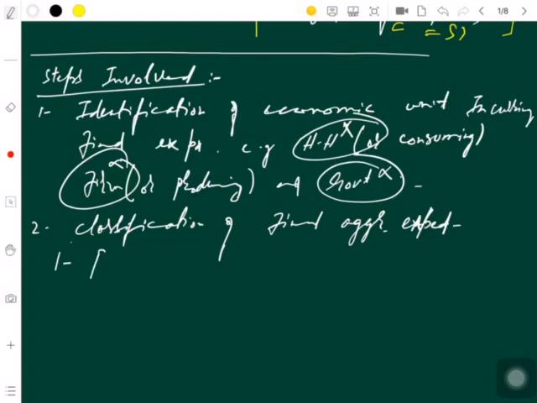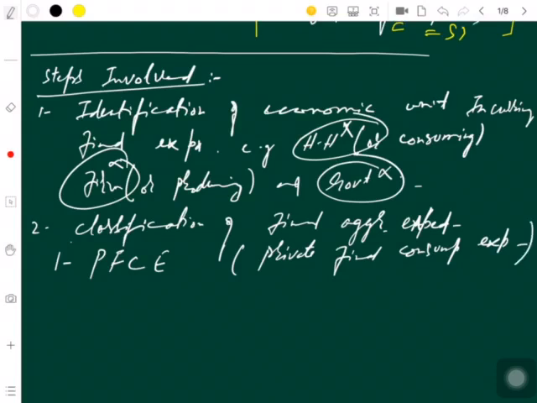It will be classified into private final consumption expenditure. Second will be government final consumption expenditure. Third will be gross fixed capital formation.